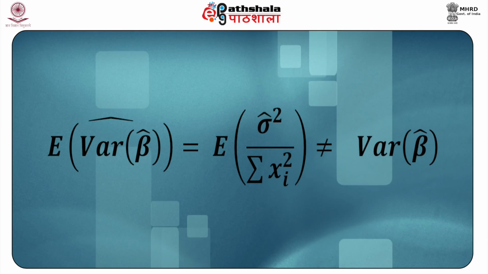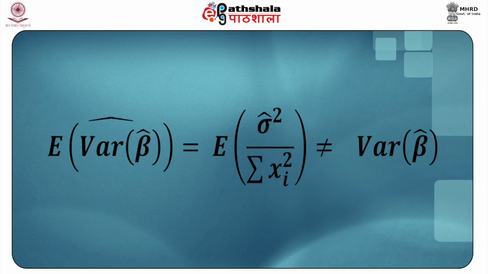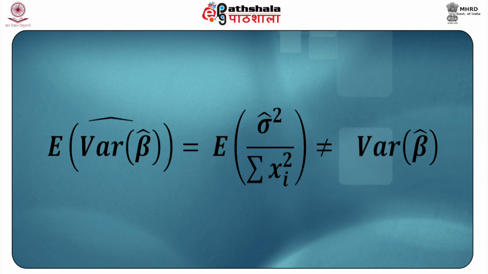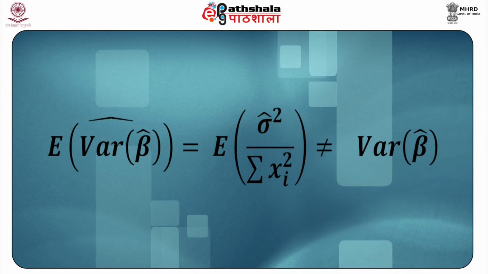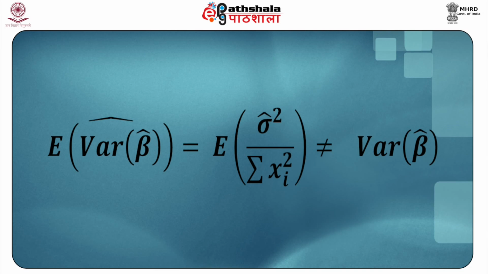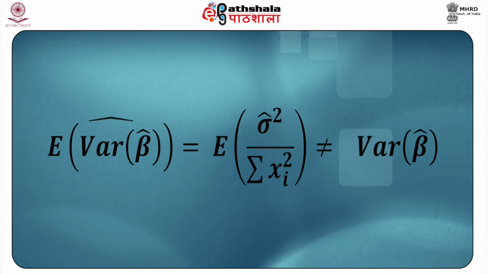Now the expected value of the estimated variance of beta hat is equal to the expected value of sigma hat square upon sigma xi square, and is not equal to the variance of beta hat. The OLS estimator of the variance of a regression coefficient is thus biased and inconsistent.